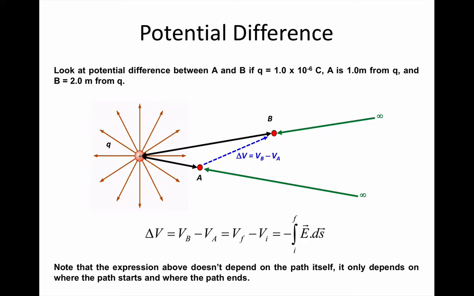Let's have a look now at an example of finding the potential difference between A and B if the central charge is 1 microcoulomb, A is 1 metre away, and B is 2 metres away. Let's start with our point charge here, Q, that is 1 by 10 to the minus 6 coulombs.